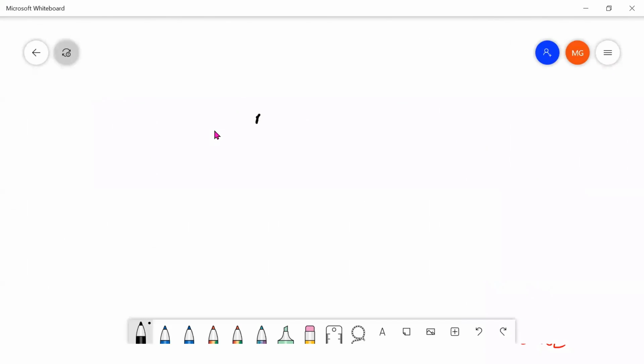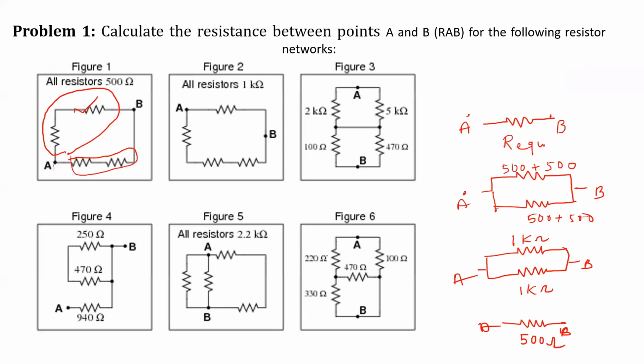So keep the points A and B as they are. There is one resistor, one more resistor, and I can replace these two resistors with a single resistor by adding 2.2k and 2.2k. That is 4.4k, because they are connected in series.